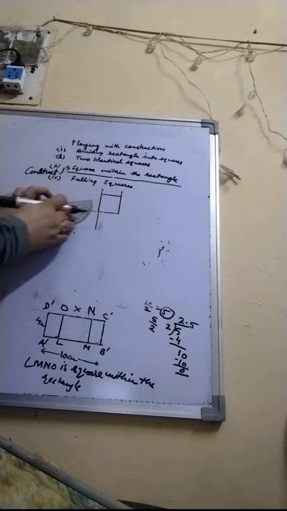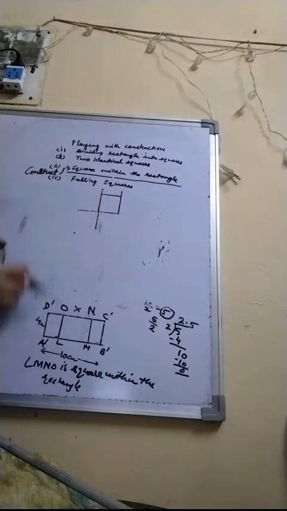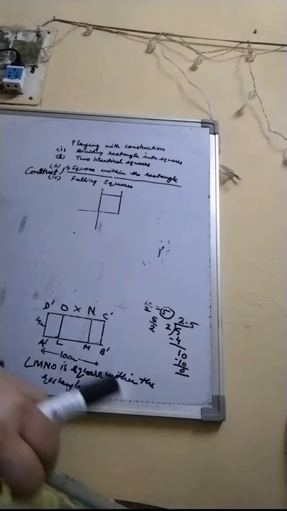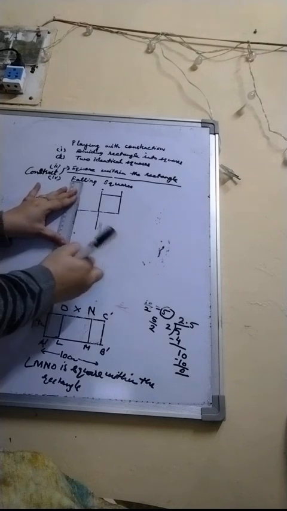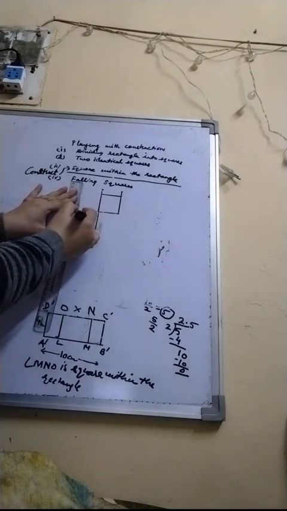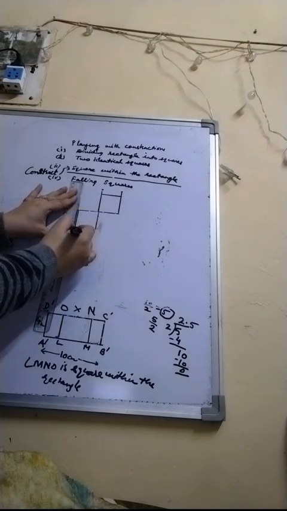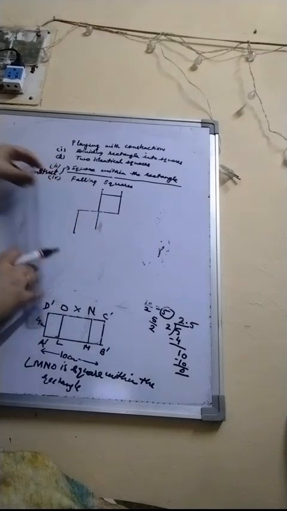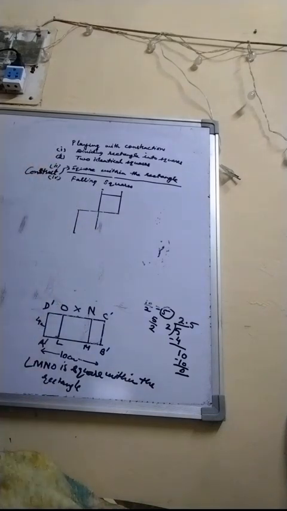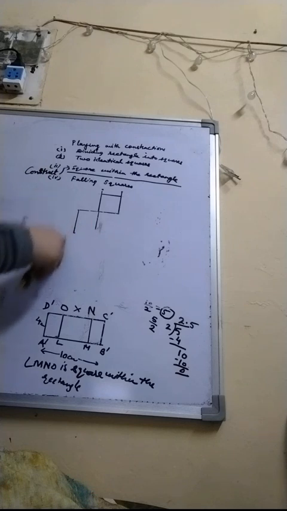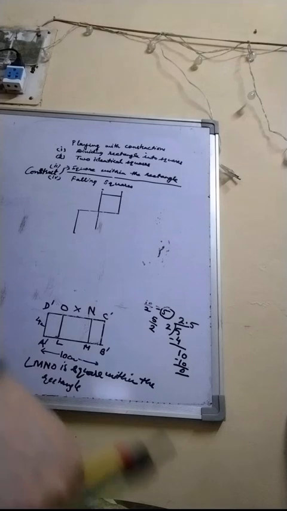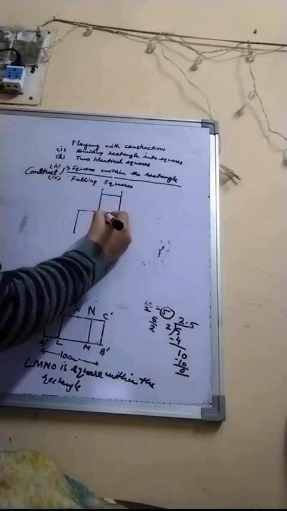One vertical line you have already got, one horizontal line you have already got. So you would mark 90-degree here. Now you don't know what the length of this is. So you know what length you require. You require a 4 centimeter falling square.